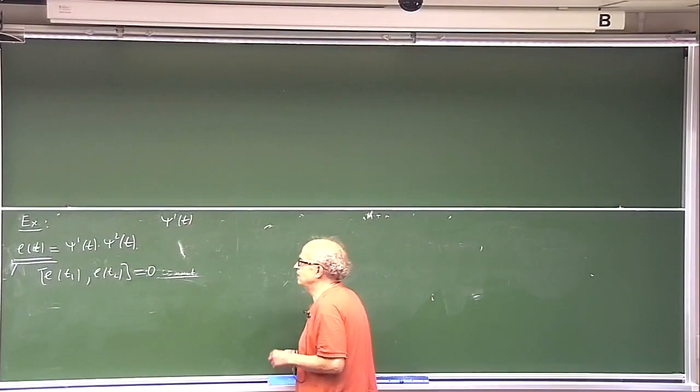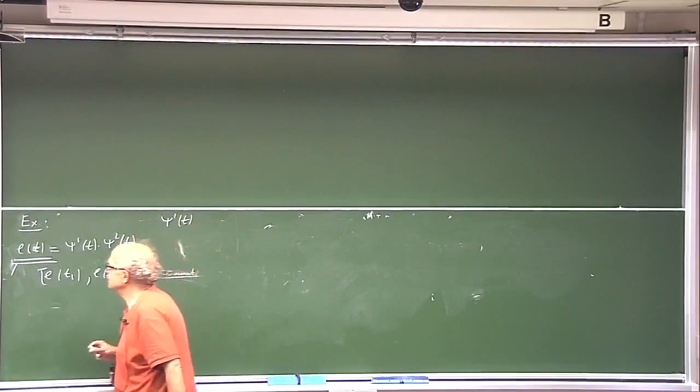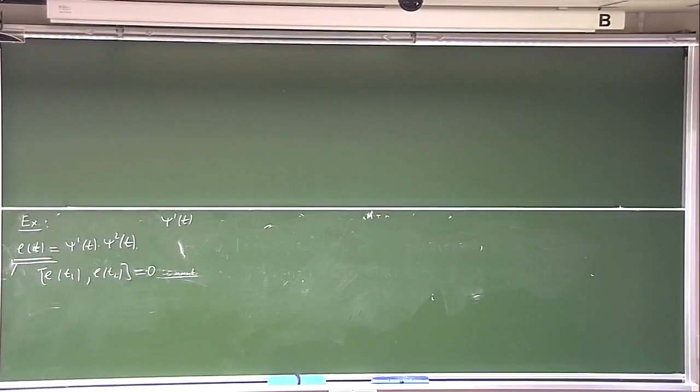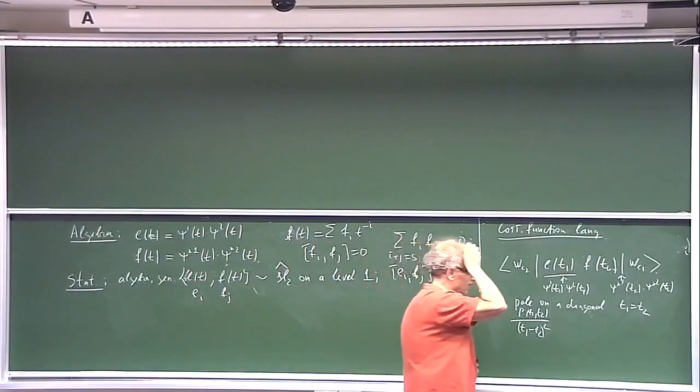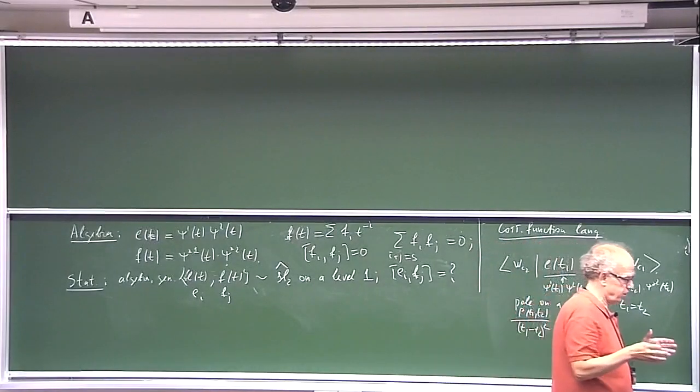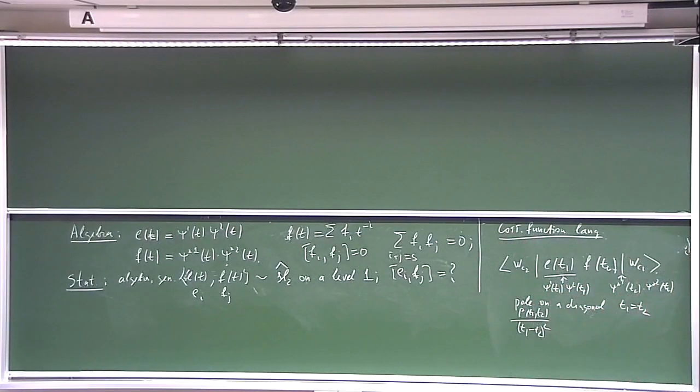For example, here I have indices 1 and 2, but I can consider a bigger fermionic Clifford algebra, the same, but adding index 3.